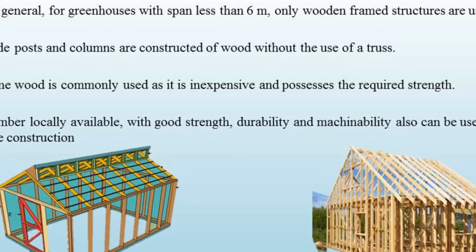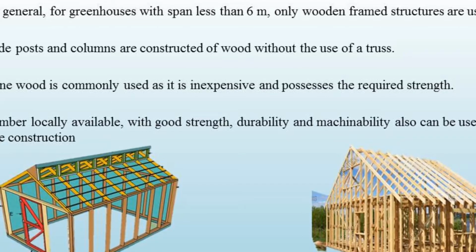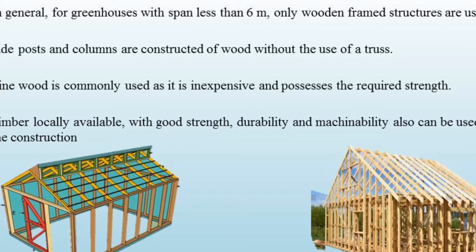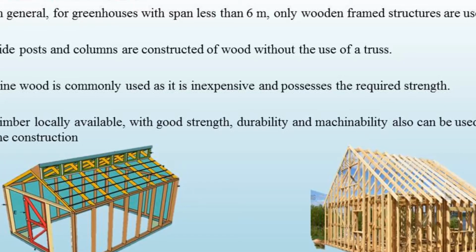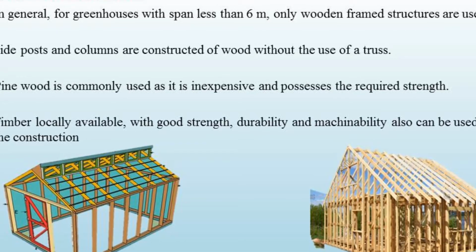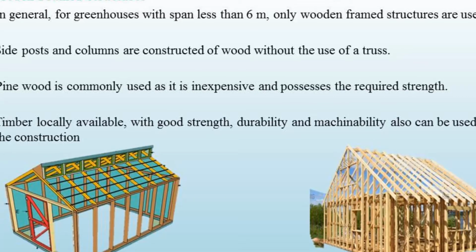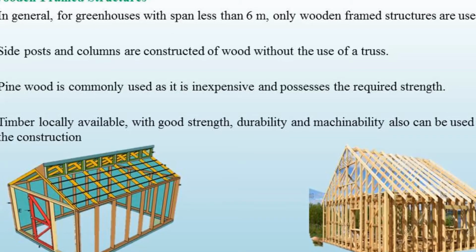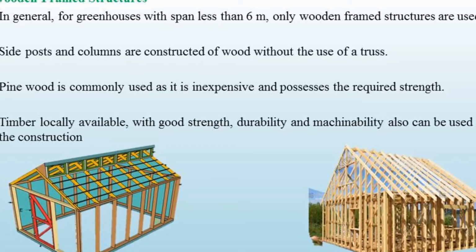In this type of greenhouse, the span is less than 6 meter and only wooden frame structures are used. Side posts and columns are constructed of wood without the use of truss.